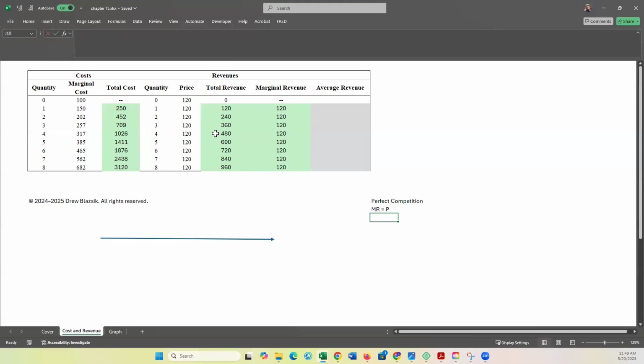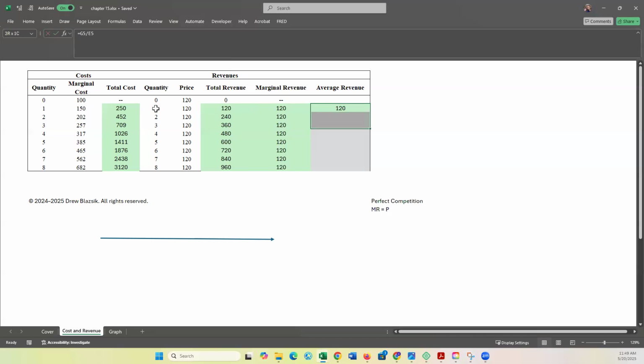Not a perfect competition. Okay, now let's find the average revenue. The average revenue is the total revenue divided by the output. This is the average per output.